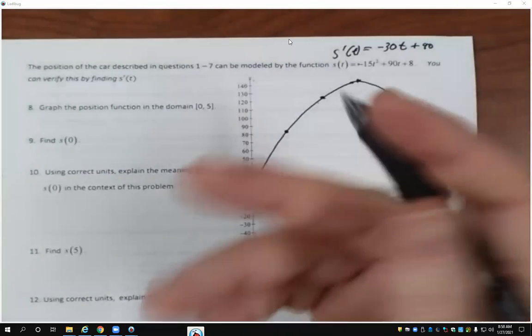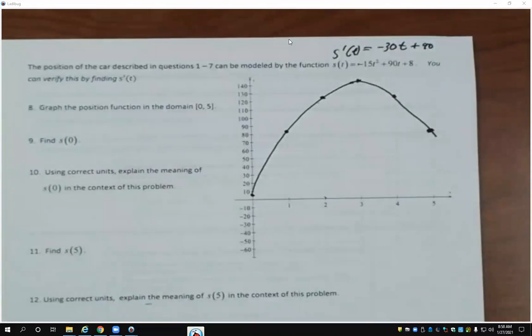Question number 9 is asking, what does S of 0 mean? Remember, this is the position function. Who can tell me what that means? It's your position at 0. At time 0, we haven't moved yet. The car hasn't moved. We're 8 miles away, and that answers number 10 here. We're 8 miles away from the starting position.